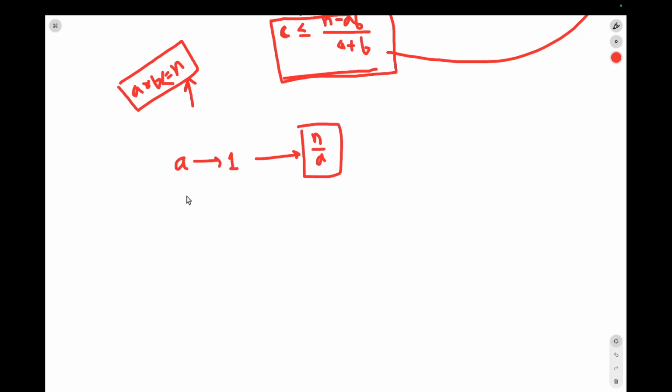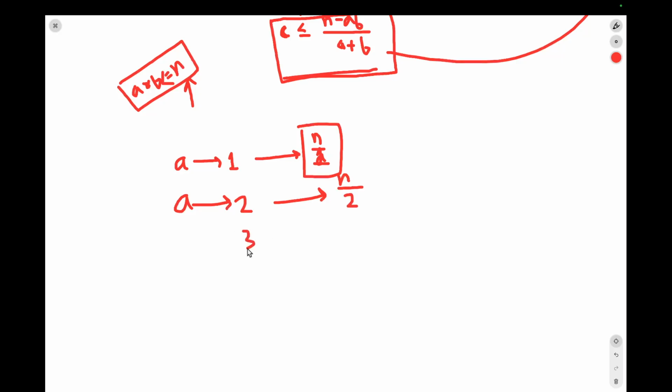If a is 1, the upper bound of b is n by 1. If a is 2, it would be n by 2.